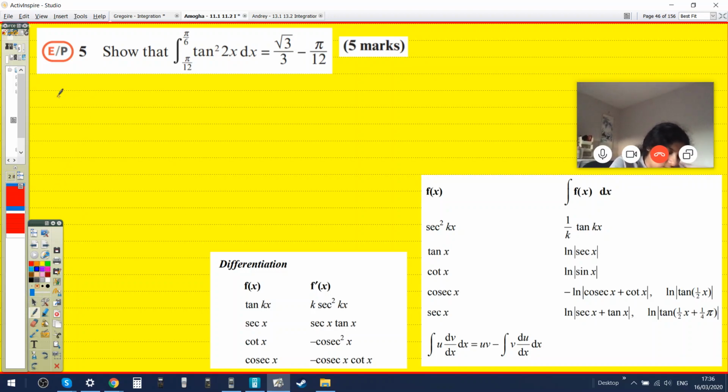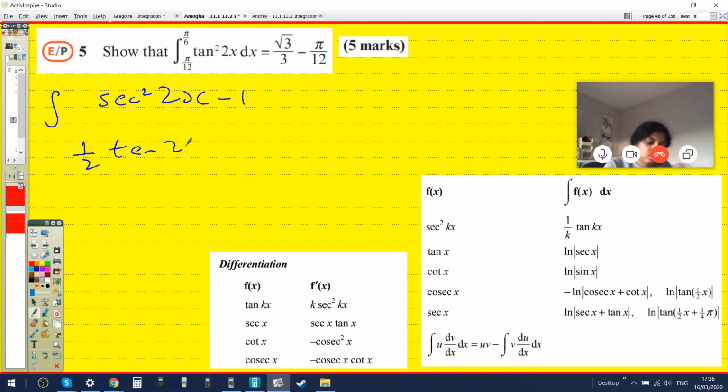So sec squared 2x minus 1, which would give you half tan 2x minus x, and then limits and stuff. And if you're happy, oh yeah, hold on. That's square brackets.